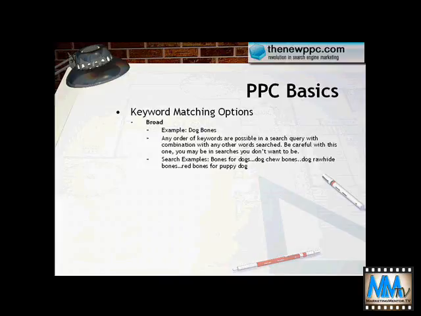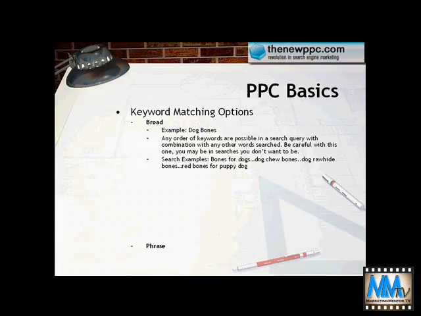You need to be careful with this because the search, as it is implied, is broad, so anyone could be searching for any variety of keywords, and they could be putting in keywords that you may not want people searching on. Some of the examples that you see here are bones for dogs, dog chew bones, dog rawhide bones, red bones for puppy dogs. So it's very, very broad.